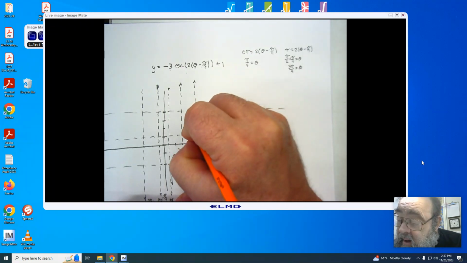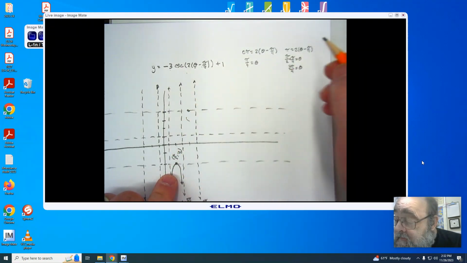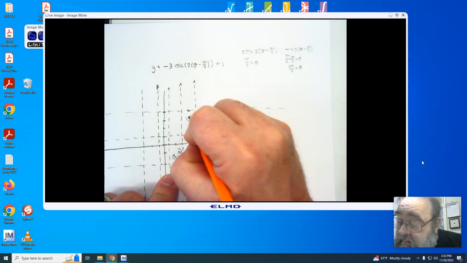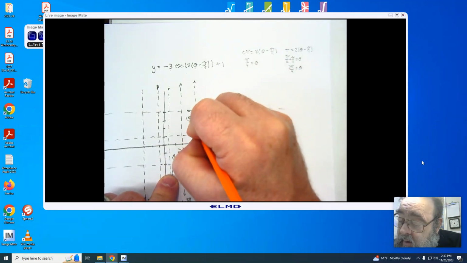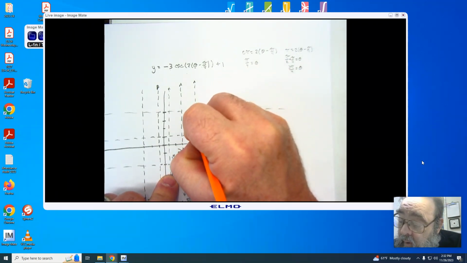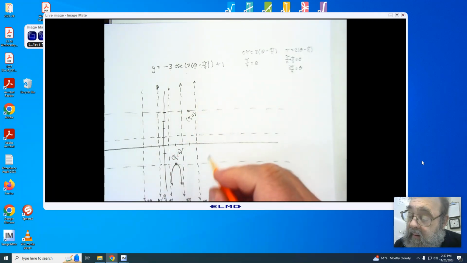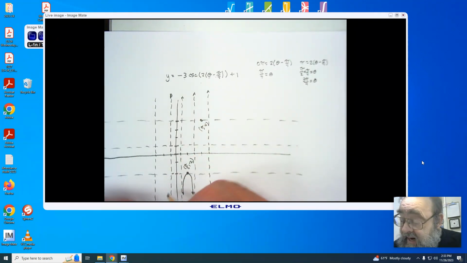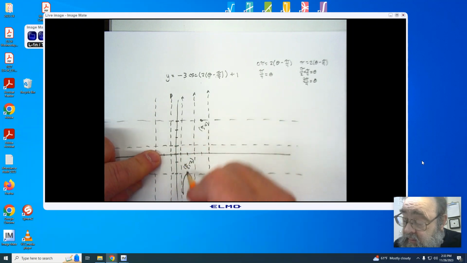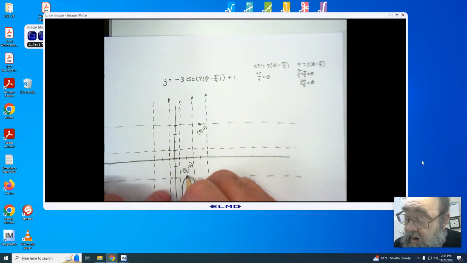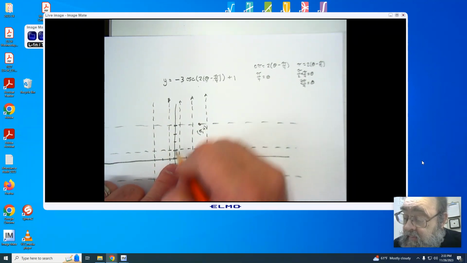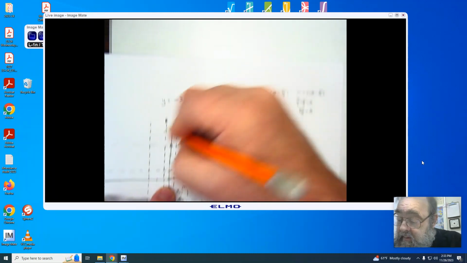So this now becomes our pi, and we're looking at 4. Okay, that means that at negative pi over 2, if this was going down, let's go to 0 pi, it's got to be going up.